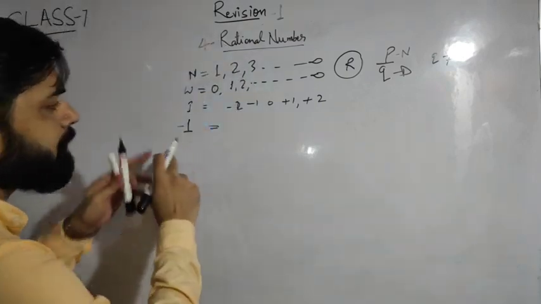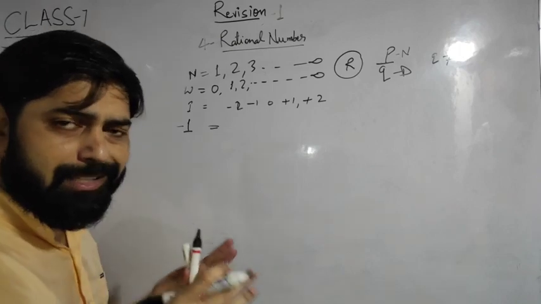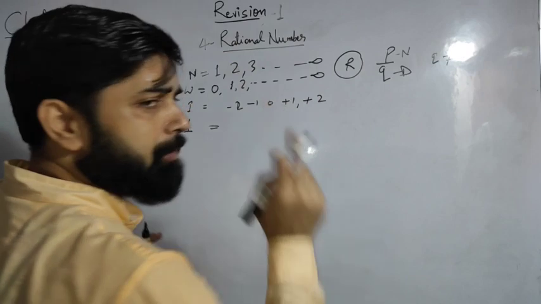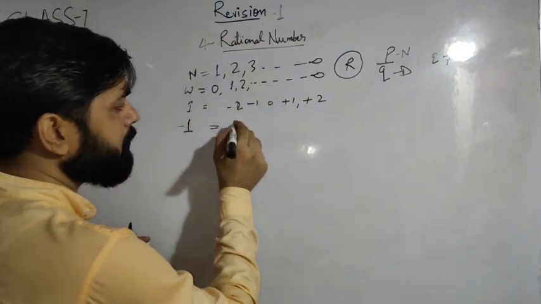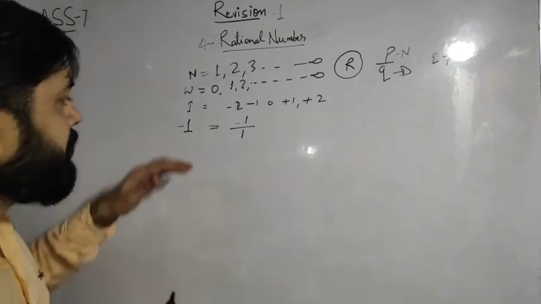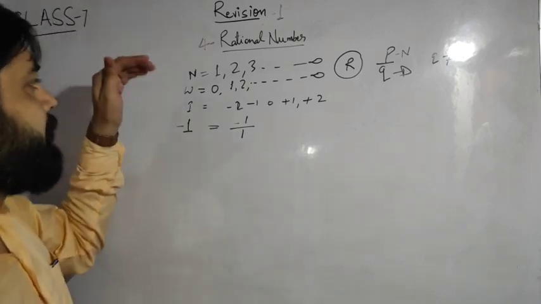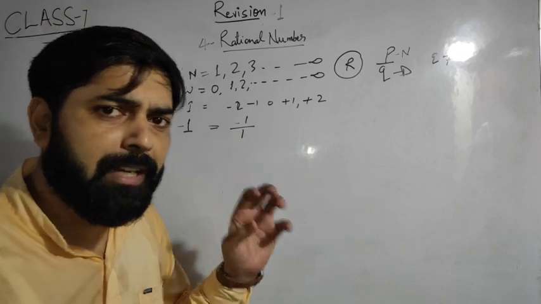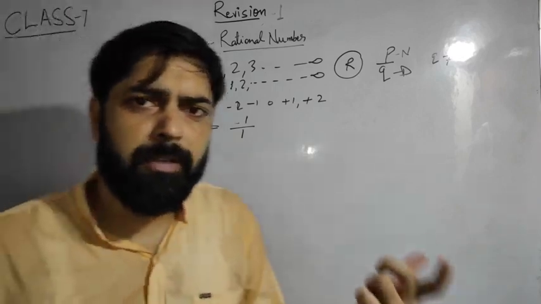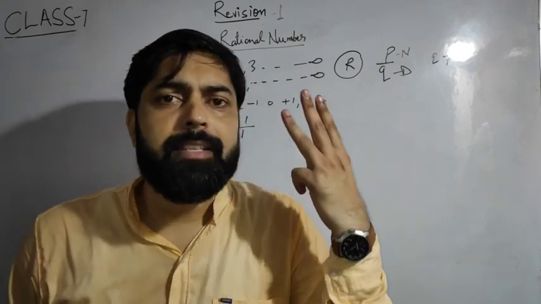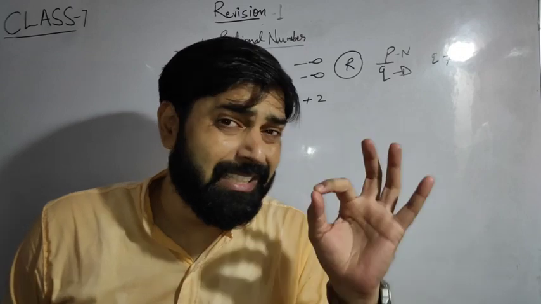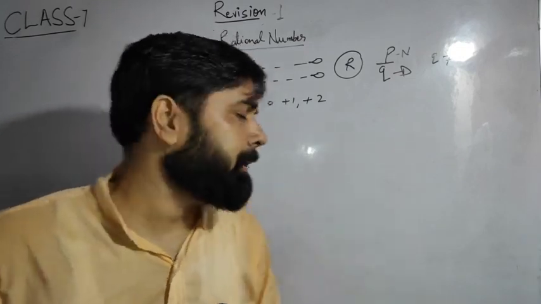Look here, -1. You can write -1 in the form of p upon q, meaning in fraction form. Yes, we can write it. How? Look here: -1 upon 1. You know very well that all integers, all whole numbers, all natural numbers can always be written with 1 as the denominator. You know this, it is a rule.